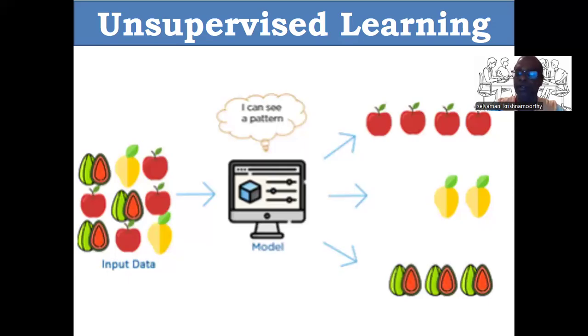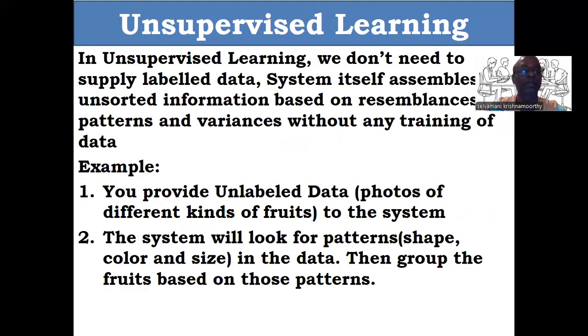In supervised learning, we train the system with the input and the label, whereas in unsupervised learning, we train the system without labels. That you need to understand. In unsupervised learning, we don't need to supply labeled data. Here, label means output. The system itself assembles or groups unsorted information based on the resemblance of patterns and variants, without any training of data.